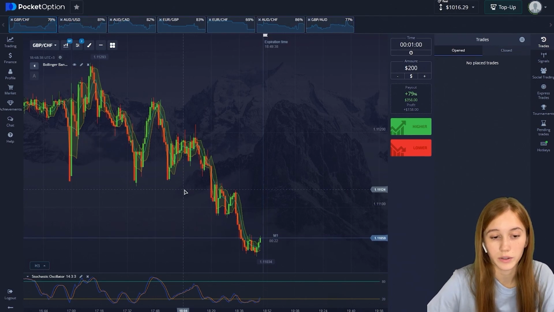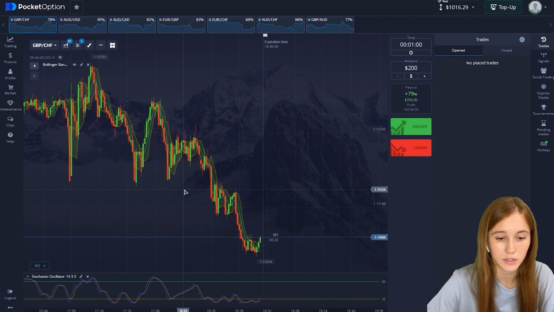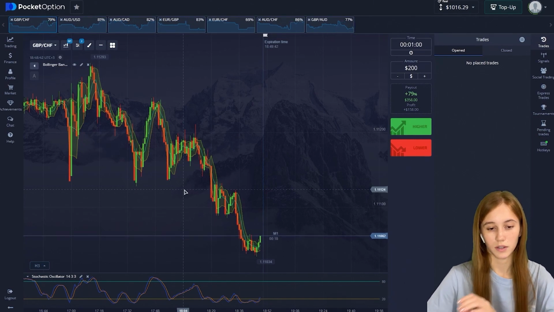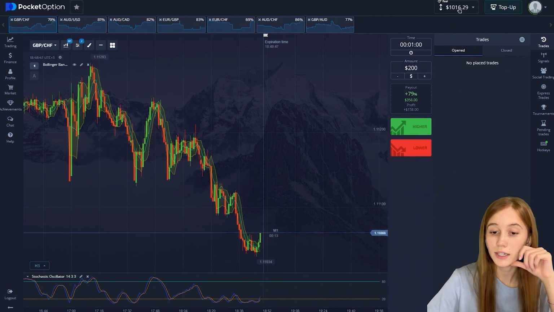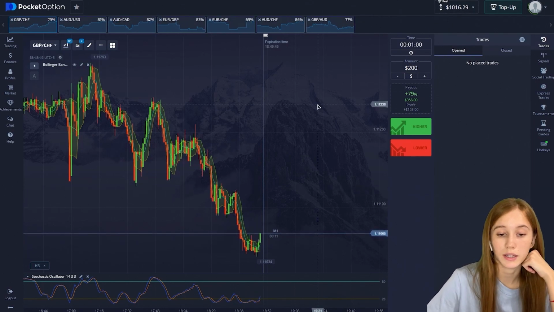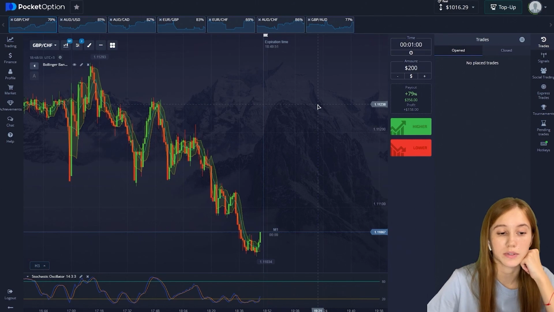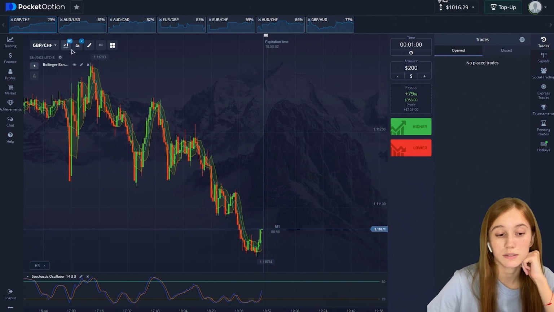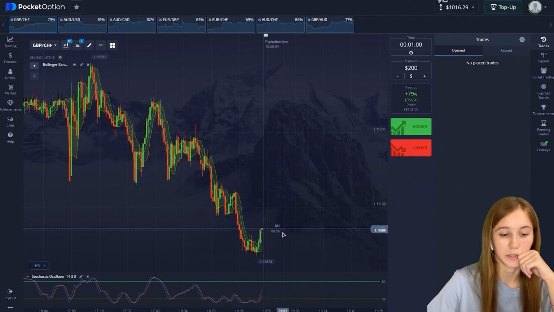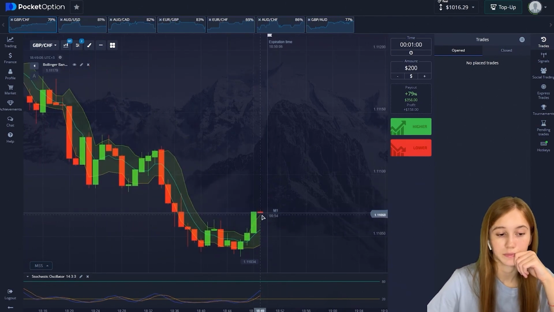Let's finish our trading session for today and summarize it. Our balance was only $100 at the beginning, but now it's more than $1,000, so it's a good result, I think. The balance is very important. Our parameters: deal time is 1 minute, and the time frame on our chart is also 1 minute.